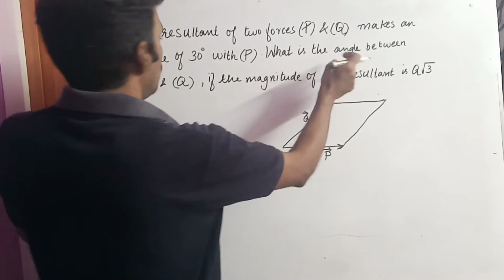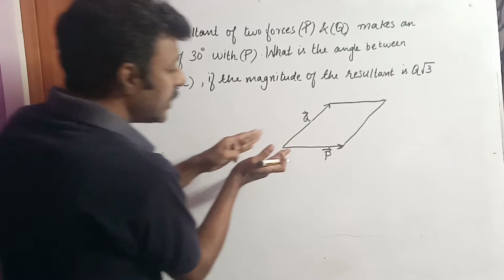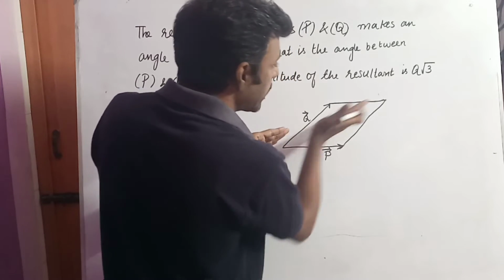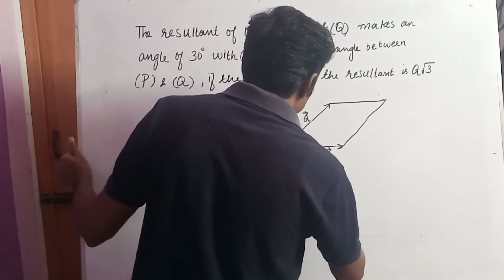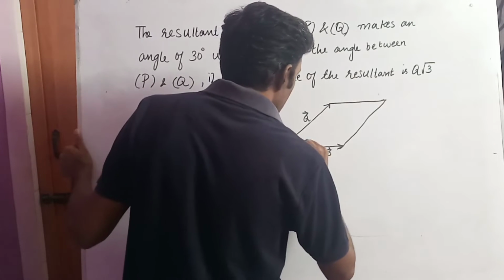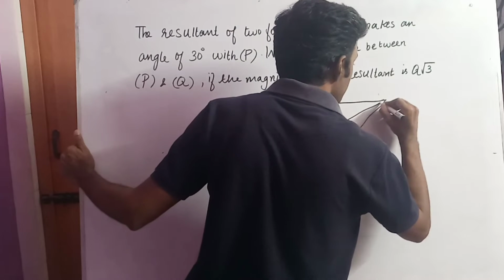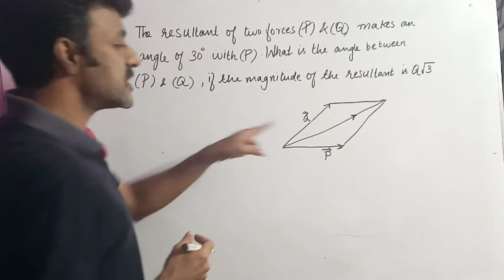So where will the resultant force be? So the resultant force is nothing but the vector which is acting in between the two vectors. See, this is here. This is the resultant force. Okay, this is what we call resultant force.